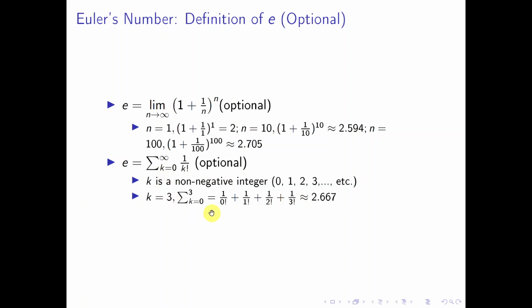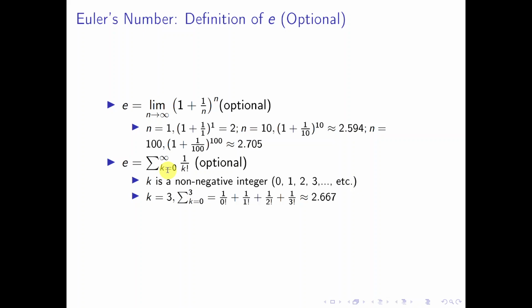This summation becomes 1 over 0 factorial, because k begins from 0, added to 1 over 1 factorial plus 1 over 2 factorial plus 1 over 3 factorial, which amounts to, roughly speaking, 2.667.